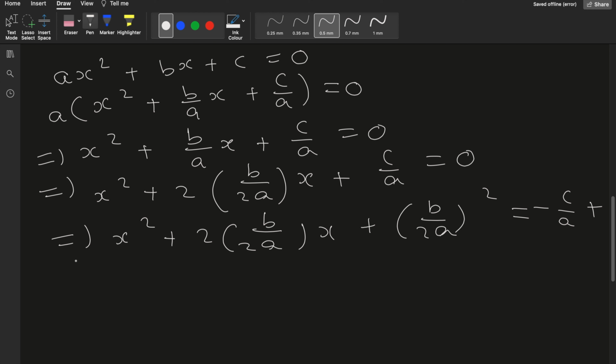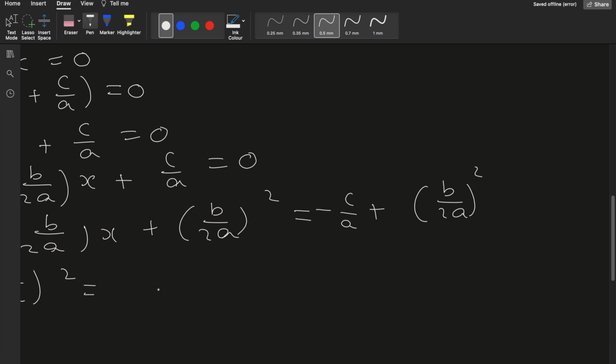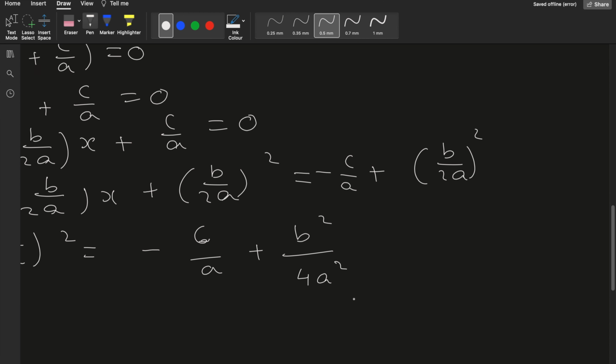So what we'd write this as, x plus b divided by 2a whole squared equals, let's simplify this. So it would be minus c divided by a plus b squared divided by 4a squared.